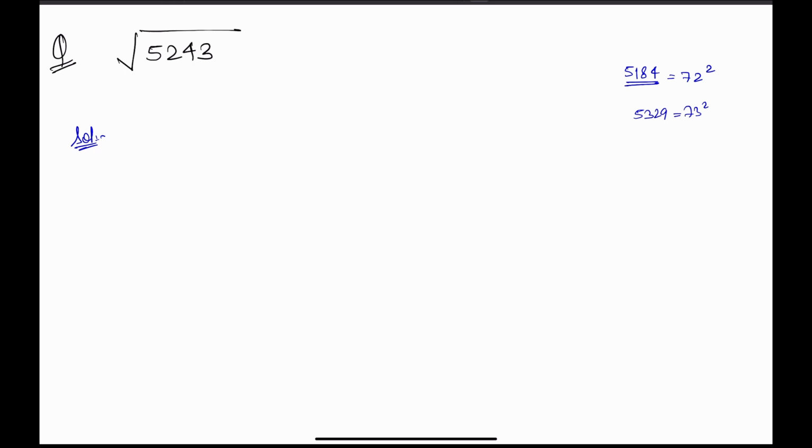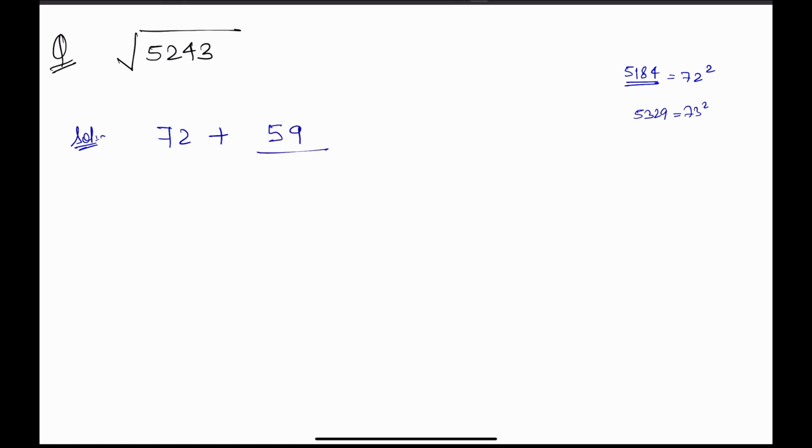So it is nearer to 72. So let's take the value 72 plus the difference between 5243 and 5184. So it is more, then it will be plus only. So 84 is 16. 16 plus 3 is 19. 19 plus 40 is 59.